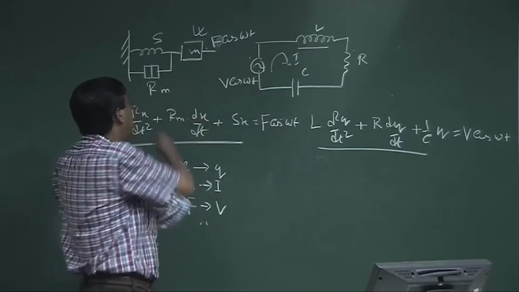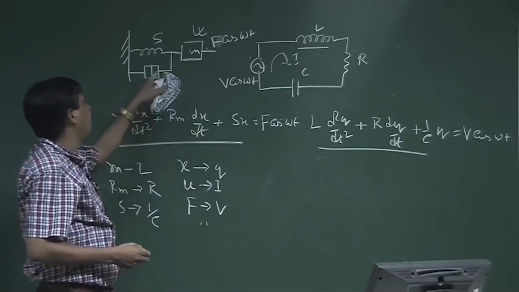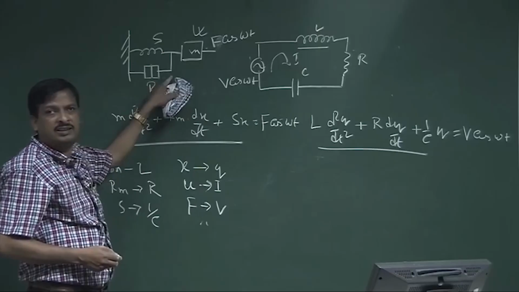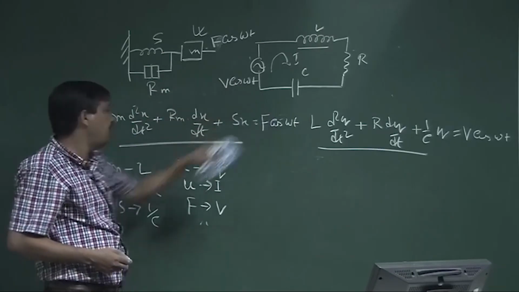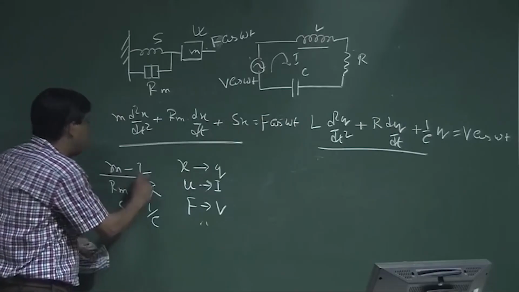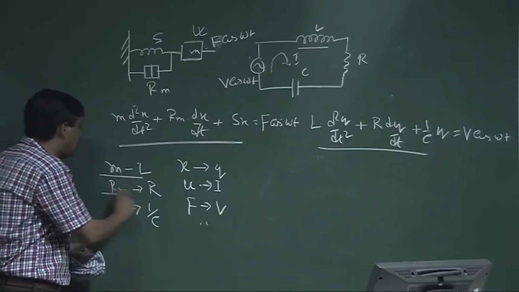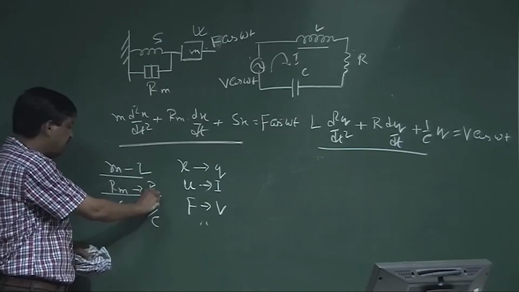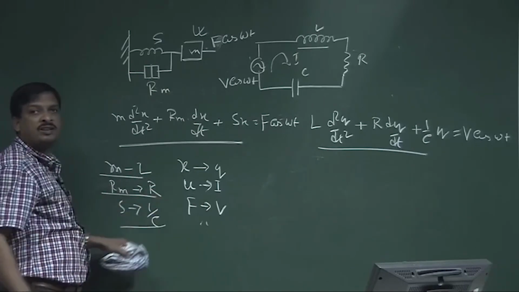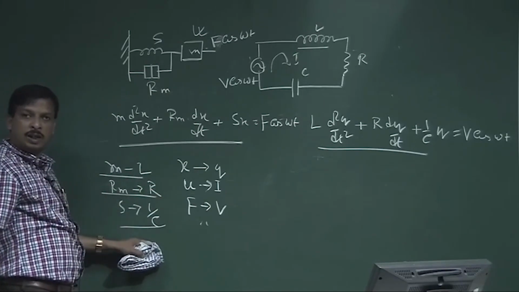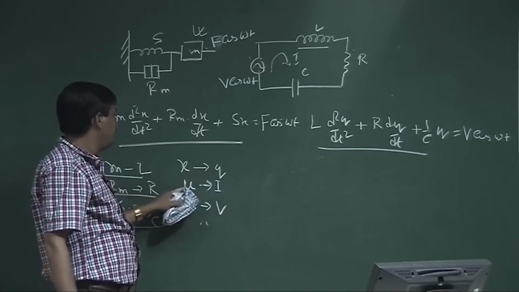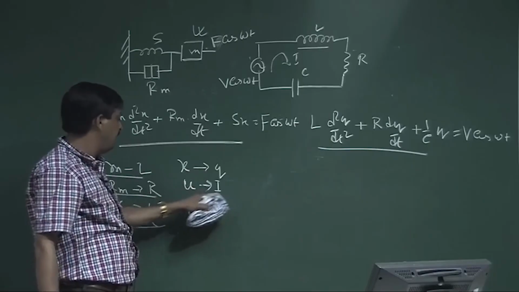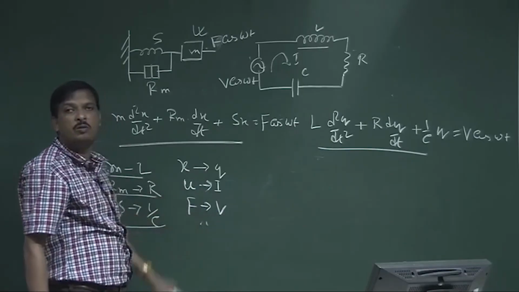So, I can easily draw the equivalent electrical circuit for any given mechanical circuit. I know that mass is equivalent to electrical inductance, mechanical resistance to electrical resistance, and stiffness is the inverse of capacitance. X is equivalent to Q, the charge, U is equivalent to I, the current, and force is equivalent to voltage.